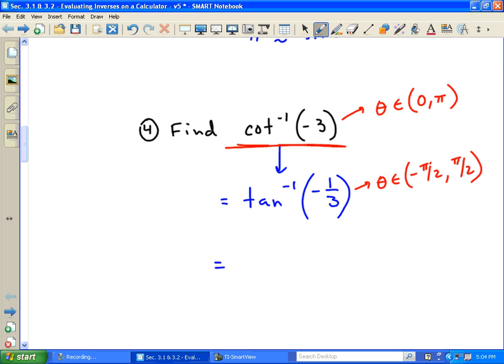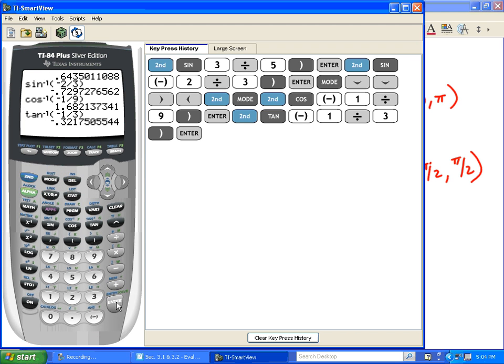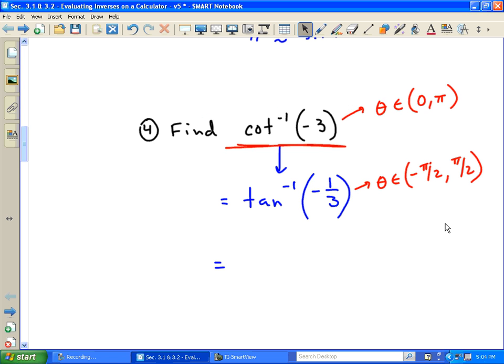Let's go do this on our calculator. We would like to do tangent inverse of -1/3. Okay, when I get that, I get -0.32175055544. And I'm just going to round for the moment.